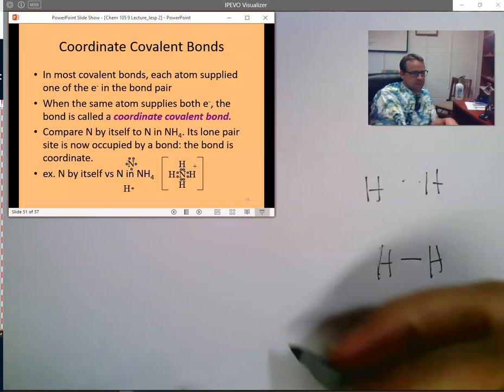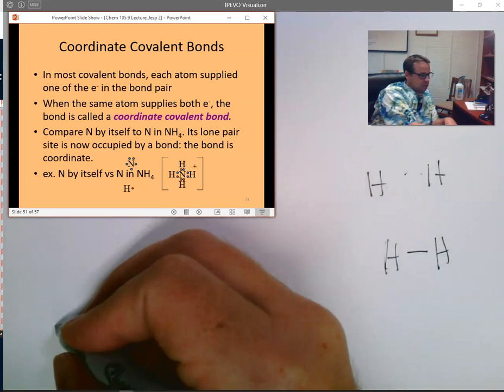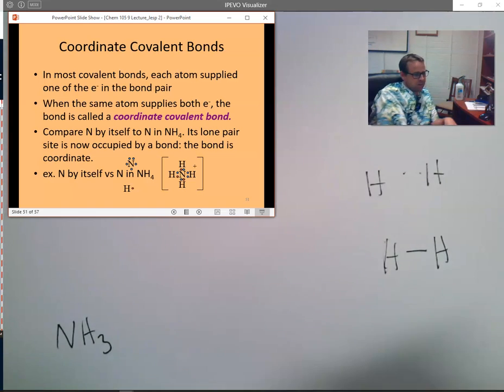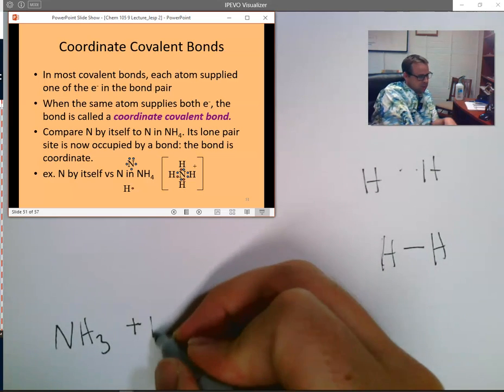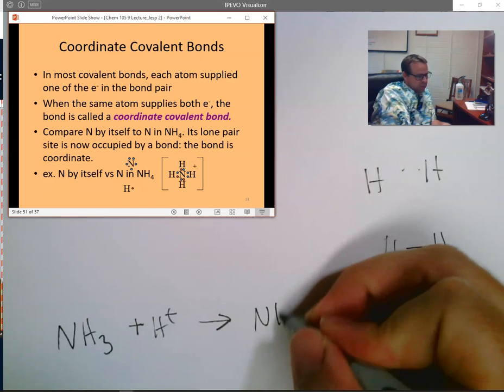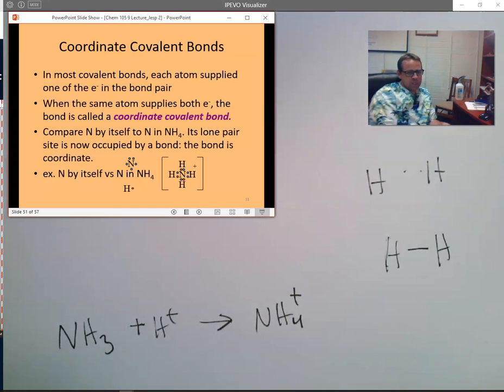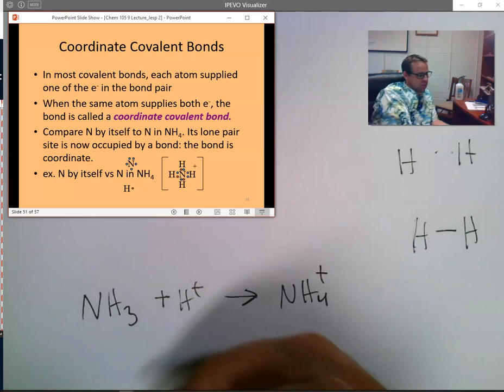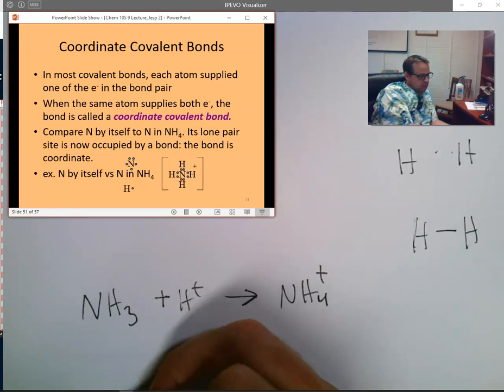The scenario given up here in this example is something like NH3 coming in and interacting with H+ to form NH4+. In this case, H+ is forming a bond with the NH3, but H+ doesn't have any electrons of its own. So let's draw this out.